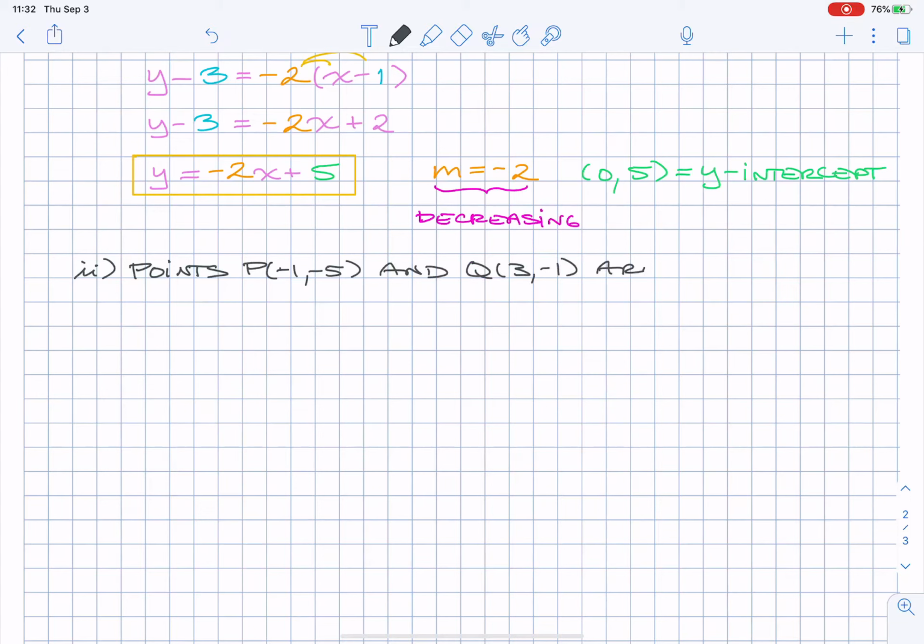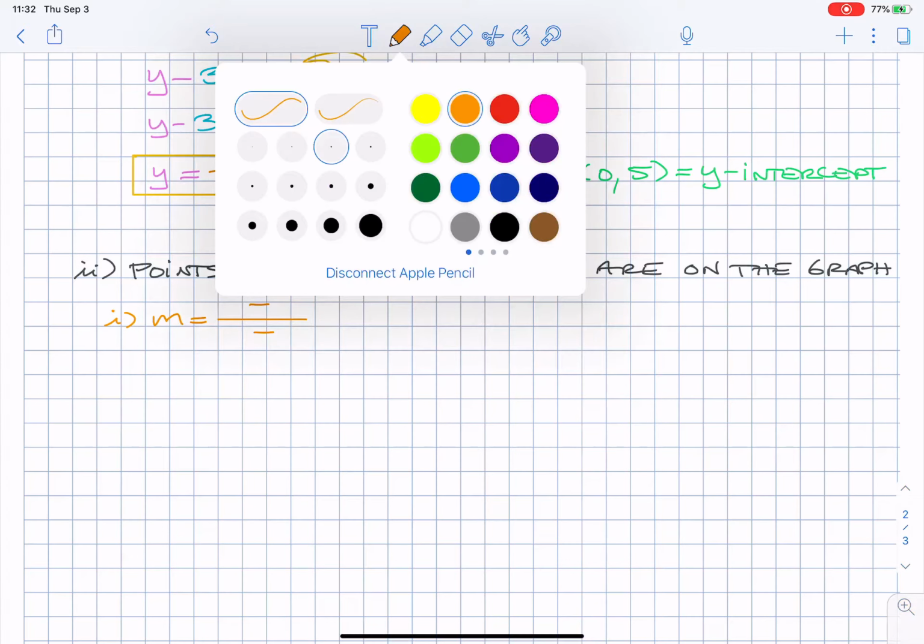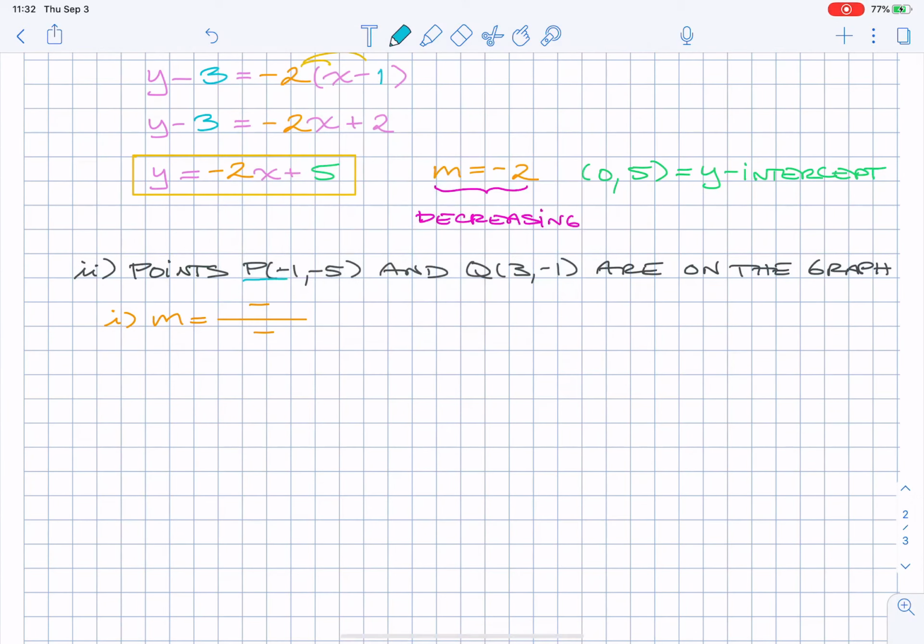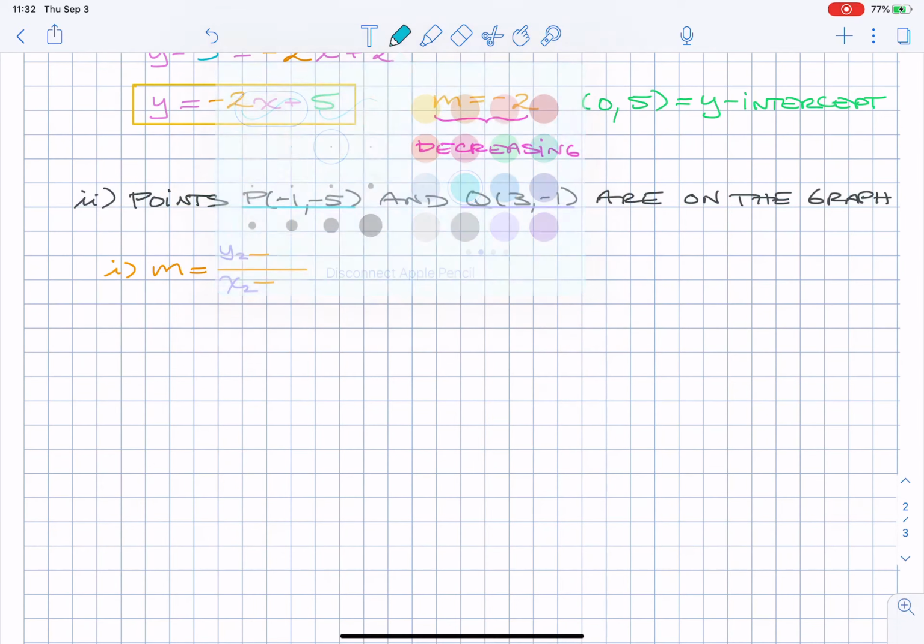So once again, step 1 is to find the slope m, which we know is going to be y2 minus y1. Once again, let's call P the blue and Q the purple. Not that it matters. You could swap the order, you'll still get the same answer.